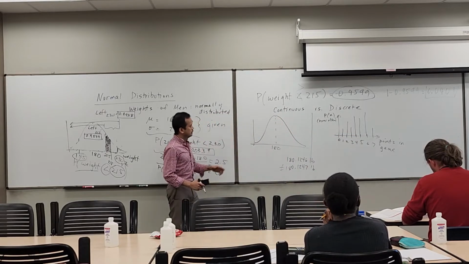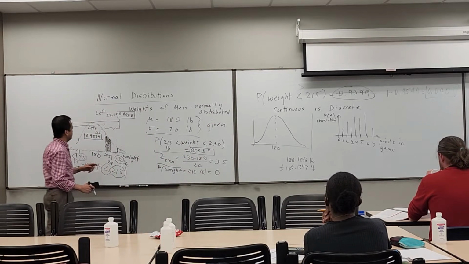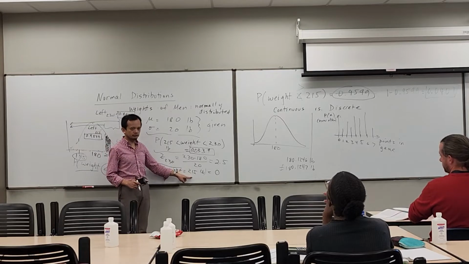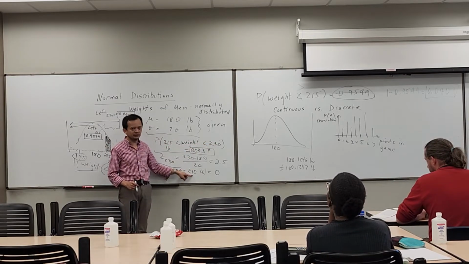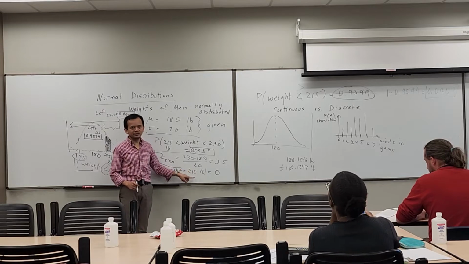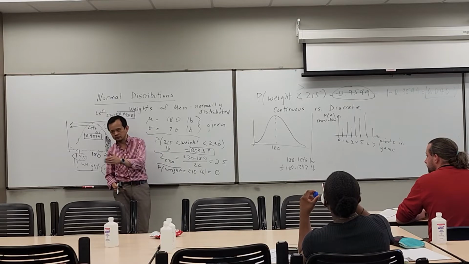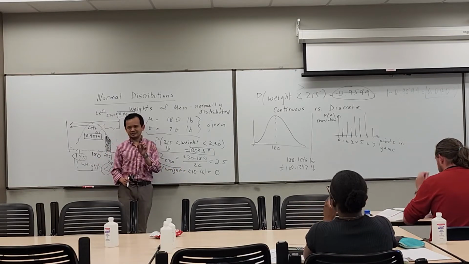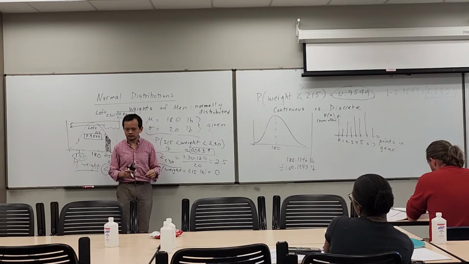So, going back to this question of what's the probability that somebody weighs exactly 215 pounds, well, because this is a continuous distribution, when you say 215, you're implying it's exactly 215, basically 215 followed by an infinite number of zeros. So that exact number, that probability is defined to be 0.